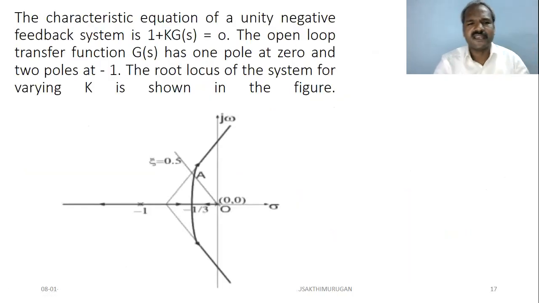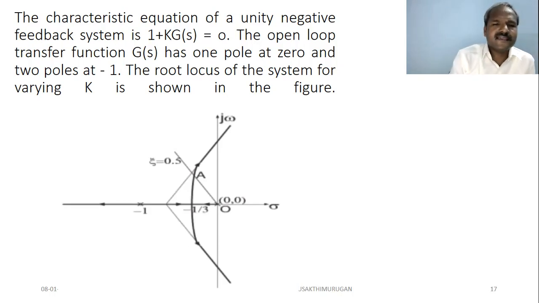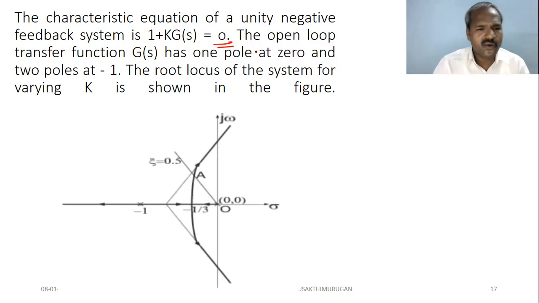So the next question: the characteristic equation of a negative feedback system is 1 plus G of S equal to 0. The open loop transfer function has one pole at 0 and two poles at -1.